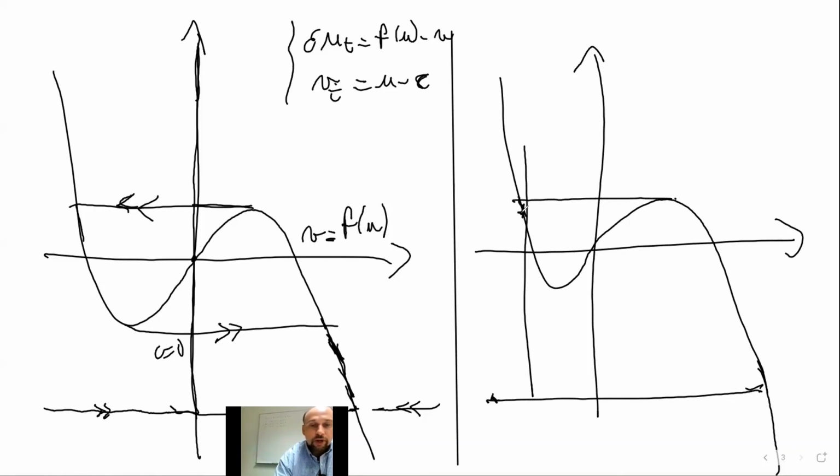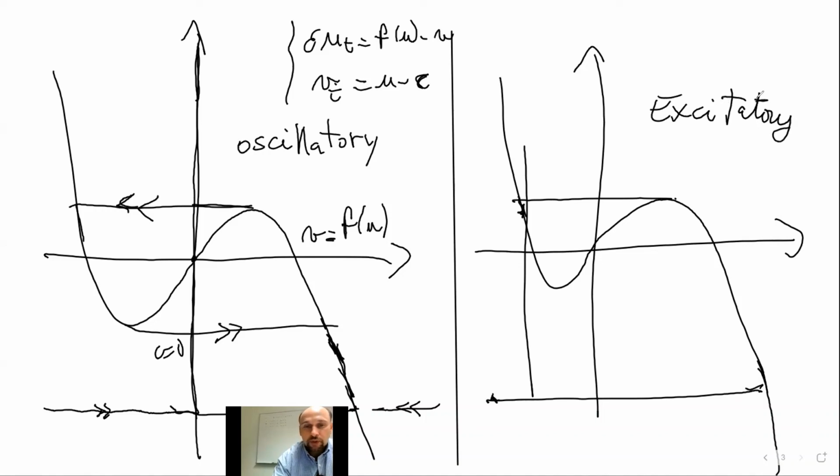So here we have an oscillatory behavior. And here we have excitation. So those were the two things that FitzHugh was looking for.